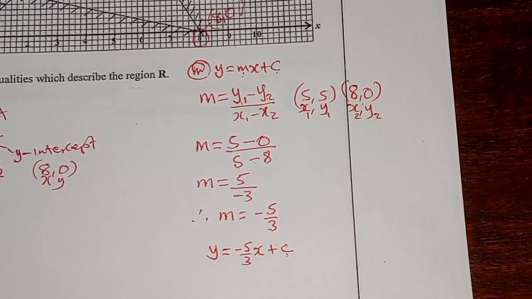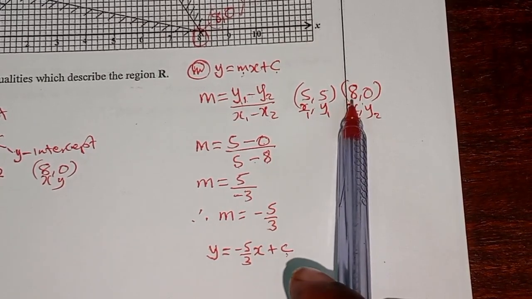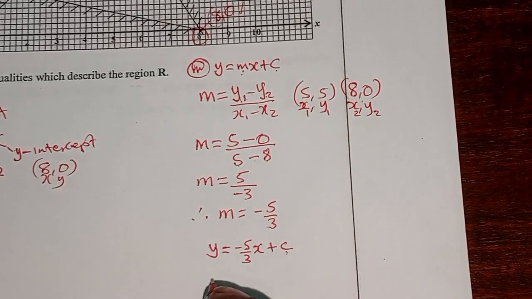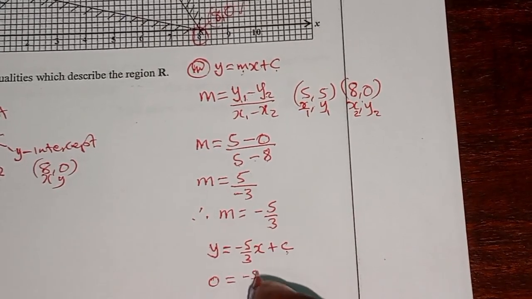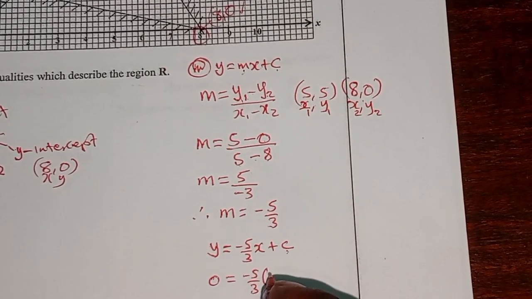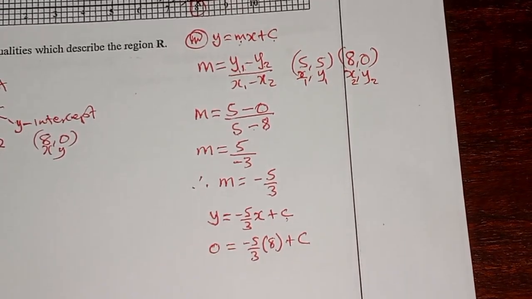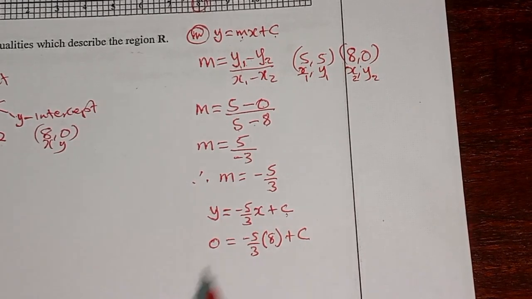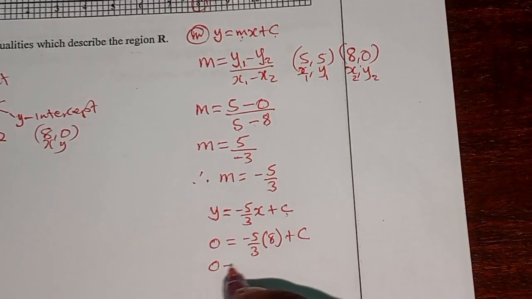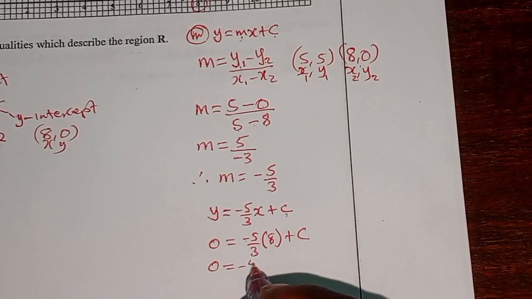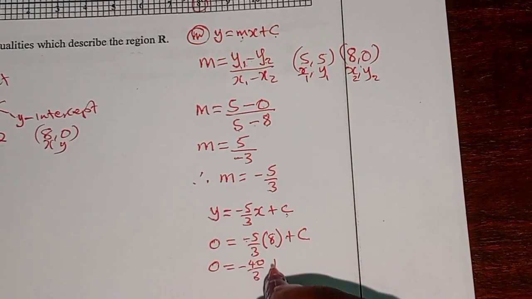I'll pick 8, 0. So y is 0, x is 8. So 0 equals negative 5 over 3 times 8, which is negative 40 over 3, plus c.